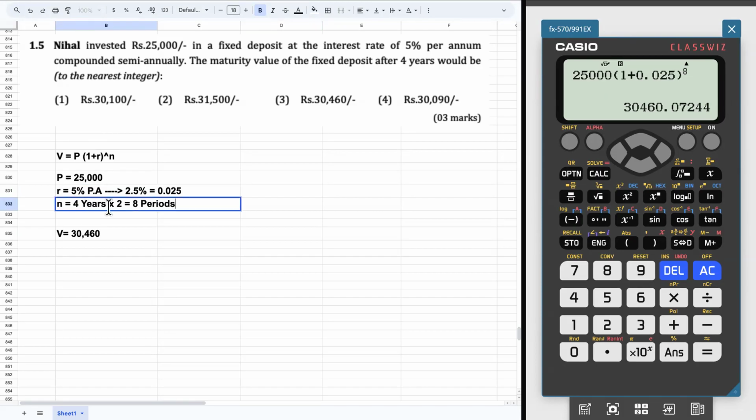Make sure if you are going to use the periods semi-annually, your interest rate should be on a semi-annual basis. If you are going to use the periods on a quarterly basis, you have to use the interest rate for every quarter. If you are going to use the periods on an annual basis, then only you can use the per annum interest rate. You have to keep that consistency.